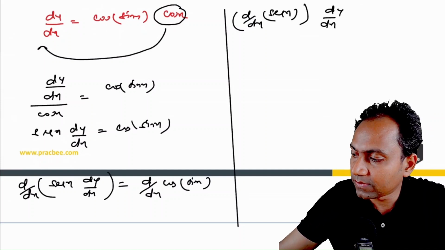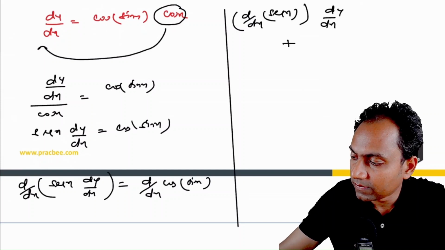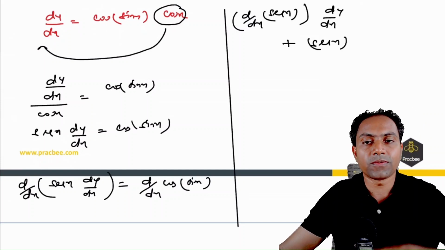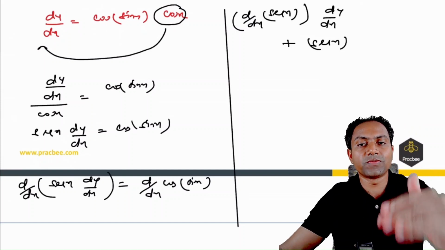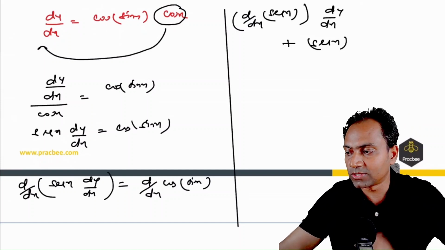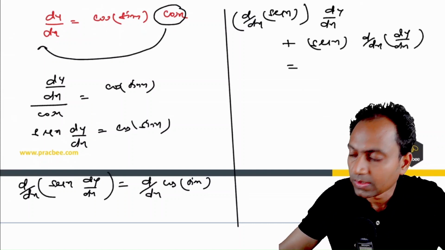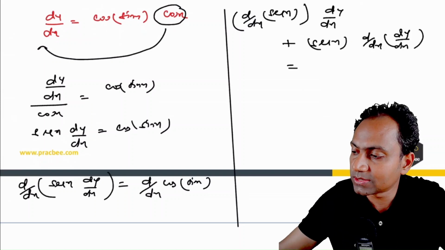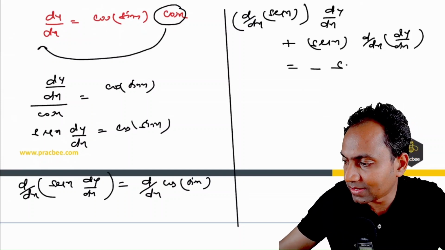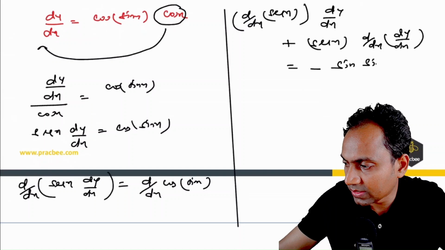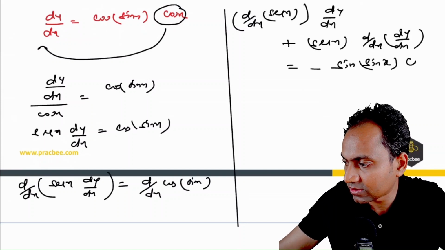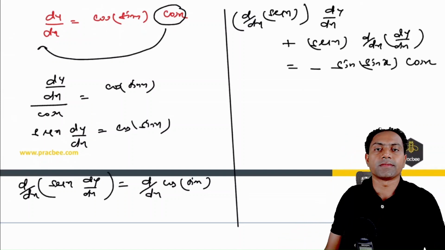And then what we have is basically one more term. We will have sec x. So we are using the formula of u v dash, so u dash v plus u v dash. That is what we are doing. Then derivative of the next part, that is dy by dx. And on the right hand side, what we are going to get is the differentiation of this part, that is nothing but minus of sin x, and differentiation of sin x, that is nothing but cos x. This we can do.